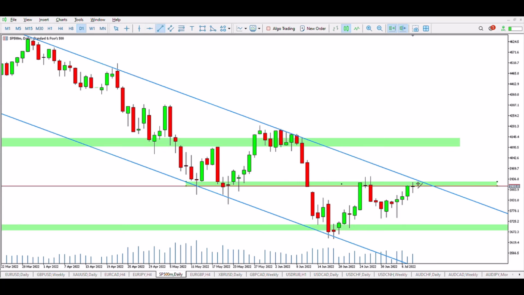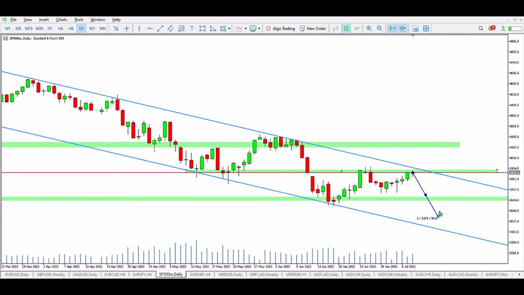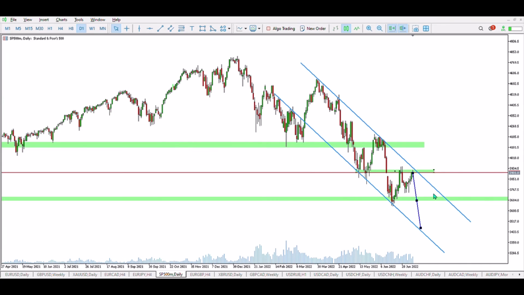So if we respect the downtrend, we expect a first take profit target at this previous support, or even lower if we continue with the trending channel. So here are two potential take profit targets for those who are selling.